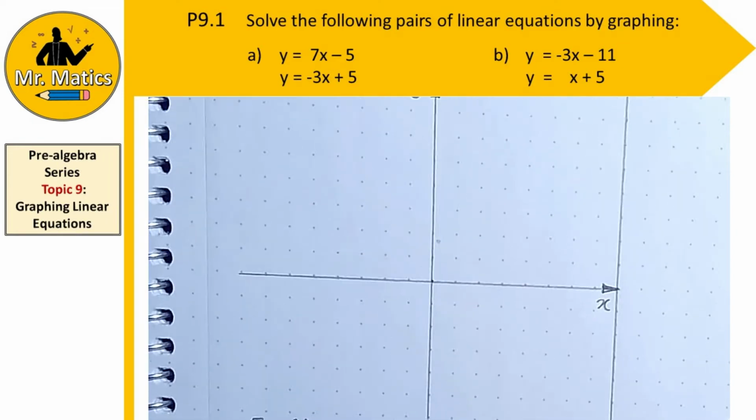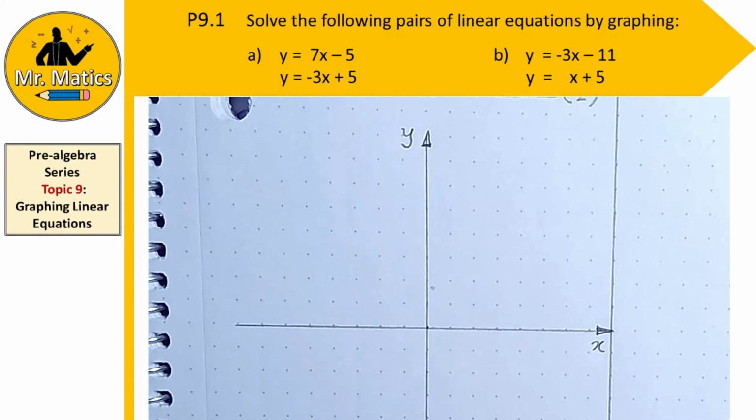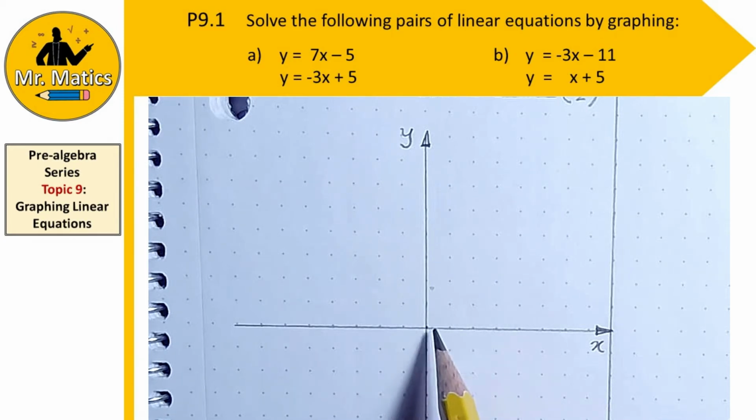So let's plot them. Let each dot be one unit. So if this is 0, 0, this is plus 1, plus 2, plus 3, and so forth. So we'll mark them.